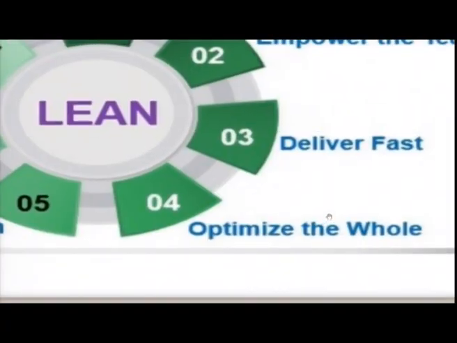In software organizations you will be delivering a software. So, whether you develop a manufacturing product, an iron made product, or whether you deliver a software, whatever you deliver, the product has to be optimized. The entire product has to be optimized. So, optimize the whole is said to be the fourth principle.